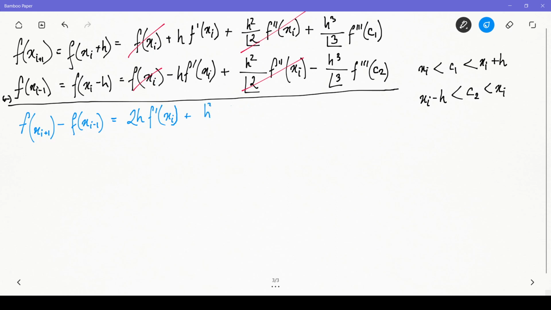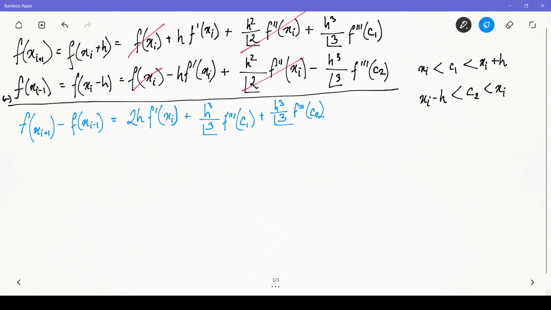We have h cube by 3 factorial times the third derivative at the point C1 plus h cube by 3 factorial of the third derivative at the point C2. So this is the result of our subtraction.